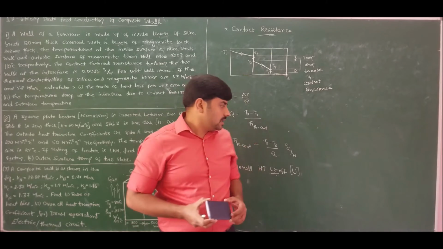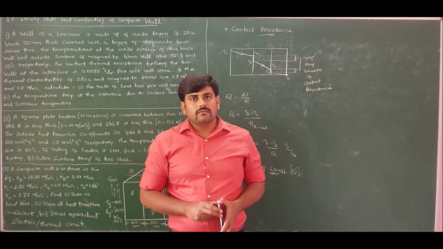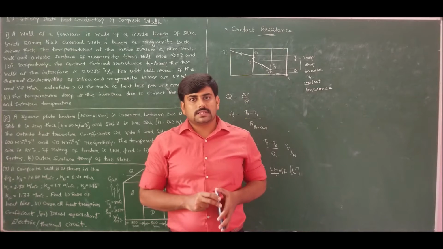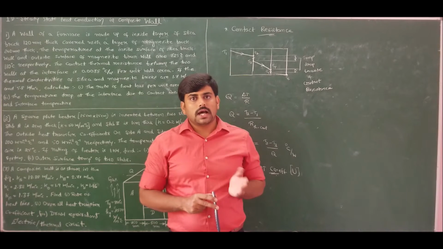This is because the overall heat transfer coefficient gives us the rate of heat transfer per unit time, per unit area, per unit temperature difference between the bulk of the fluid on either side of the metal wall.